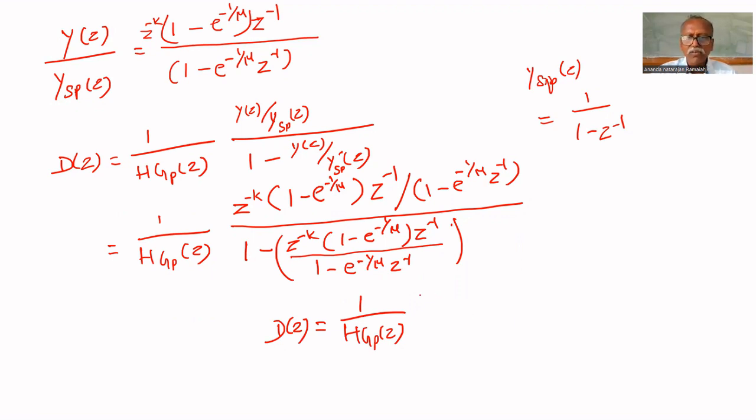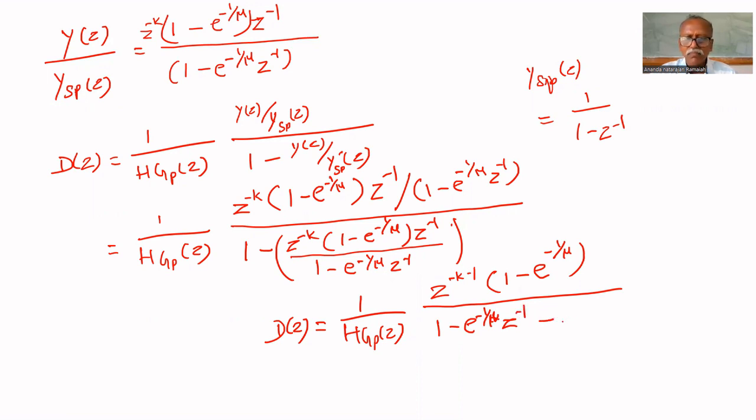Therefore, in the numerator, you will get 1 minus e power minus 1 by mu z power minus 1, divided by 1 minus e power minus 1 by mu z power minus 1 minus 1 minus e power minus 1 by mu z power minus k minus 1. This is the formula to find D of z.